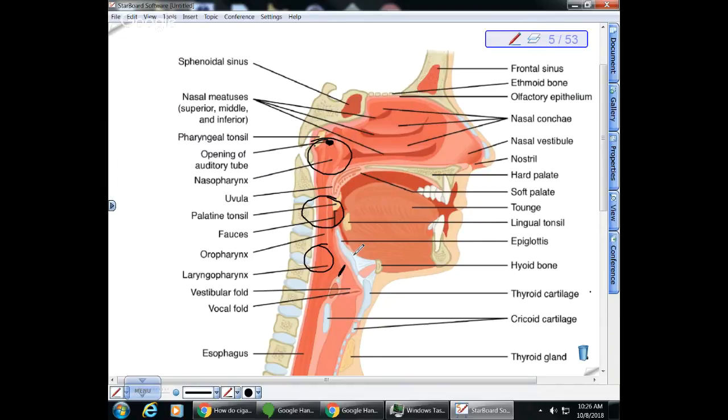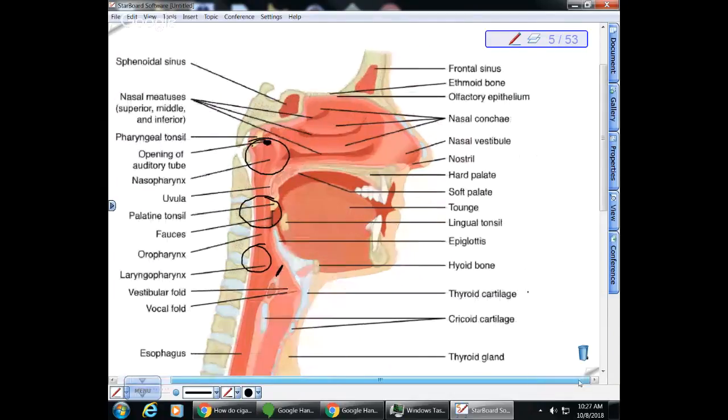And so the epiglottis is what functions to close. So we can say the epiglottis, this is what closes off the glottis. And it is a mechanical valve.